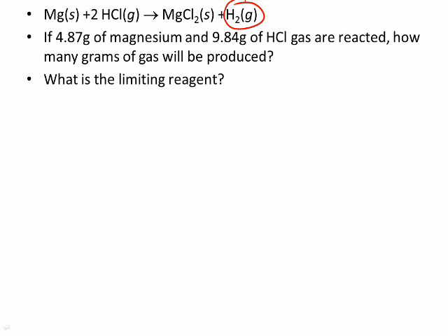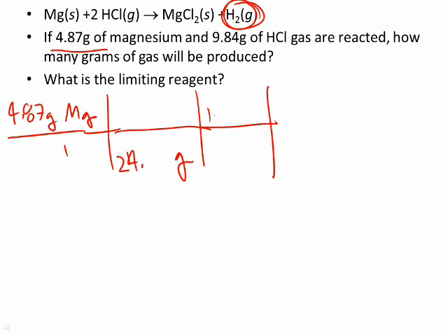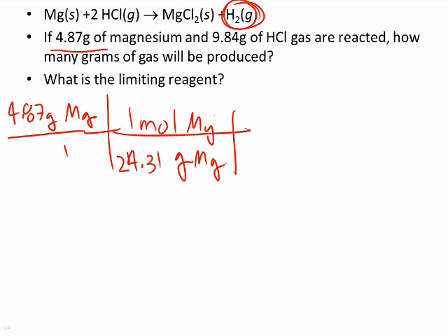We're going to do grams of magnesium to grams of hydrogen. And we start with 0.87 grams of magnesium over 1. We'll have 24.31 grams of magnesium in 1 mole of magnesium. Then we go to the mole ratio. Step 2, we have 1 mole of magnesium.